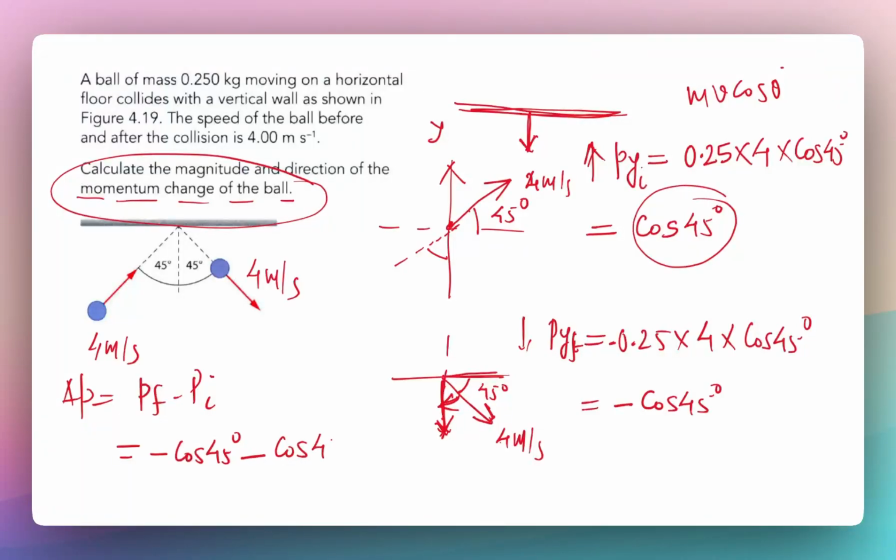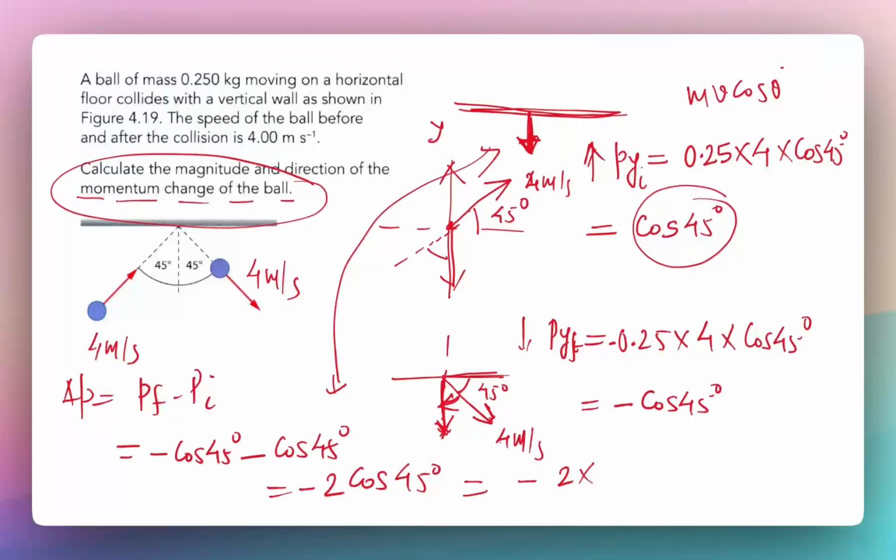Can you see that? The net change is going to be minus 2 cos 45 degrees, because we have taken the y direction to be negative here, which means the net change in momentum is negative, as expected, since the force is acting in this direction. So minus 2 into cos 45 is minus root 2.